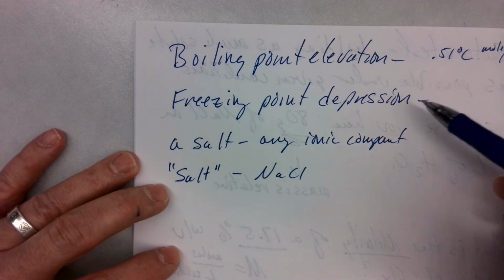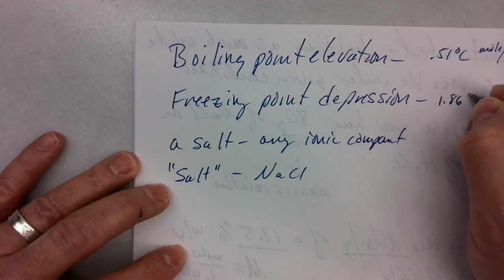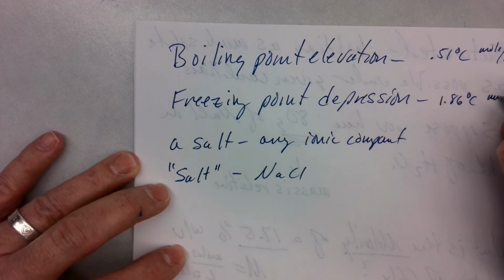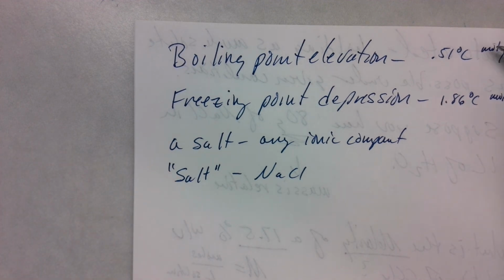Freezing point depression is 1.86 degrees Celsius per mole per kilogram. And what happens is, you take how many moles you've got, divide it by how many kilograms you have, and you multiply it by that number. That's going to tell you how much you change it, right?